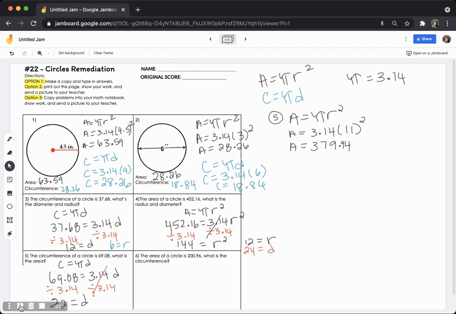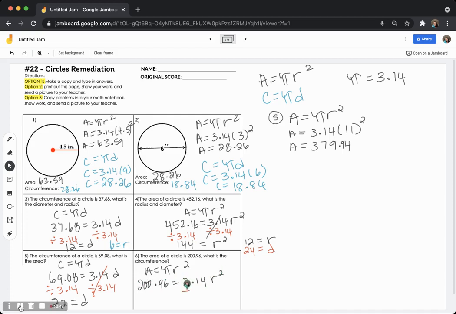Right, and number 6, the area of a circle is 200.96. What is the circumference? So area equals pi times radius squared. I'm going to replace A with 200.96. Replace pi with 3.14, and that equals the radius squared.